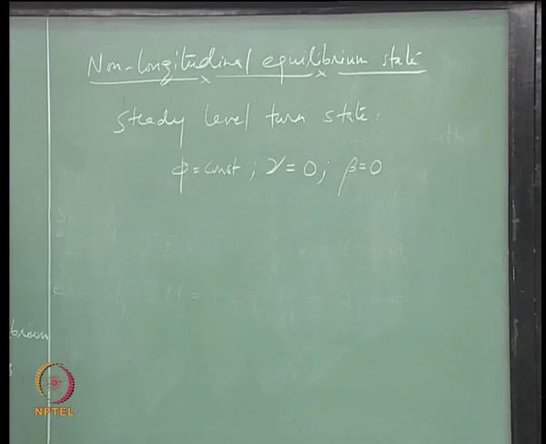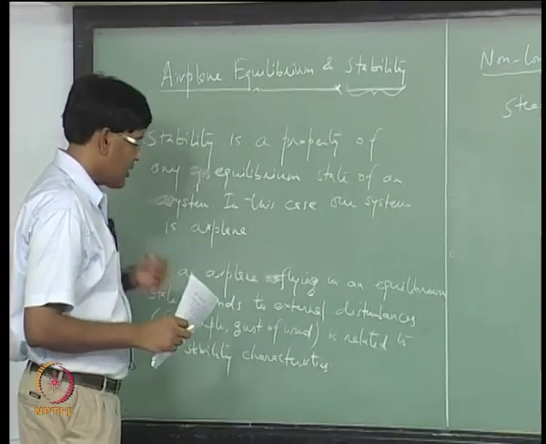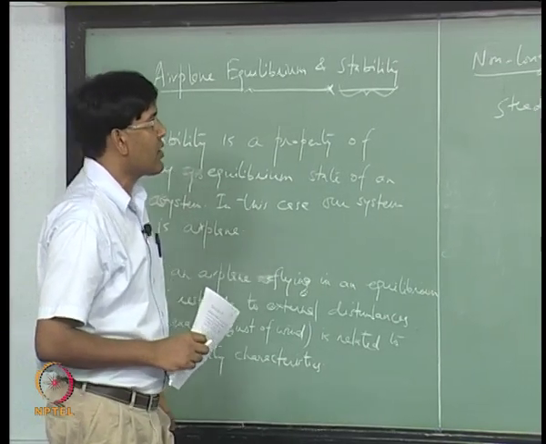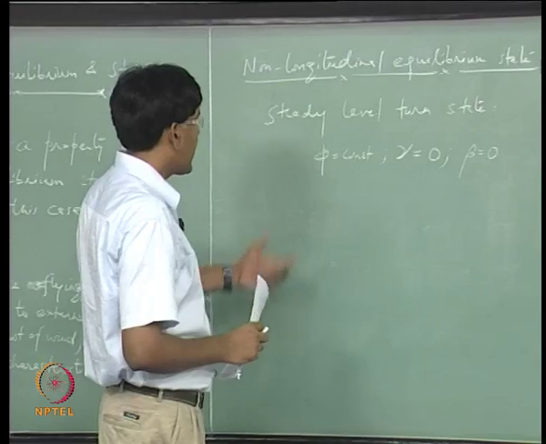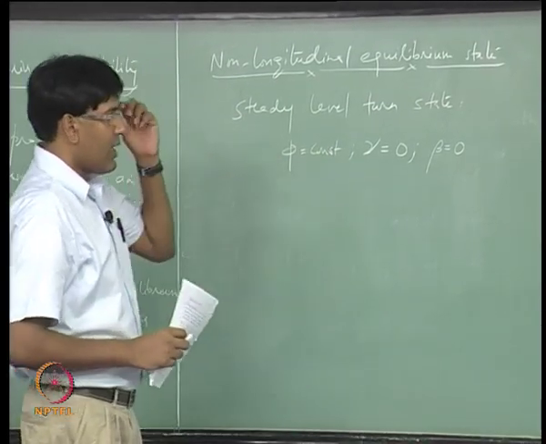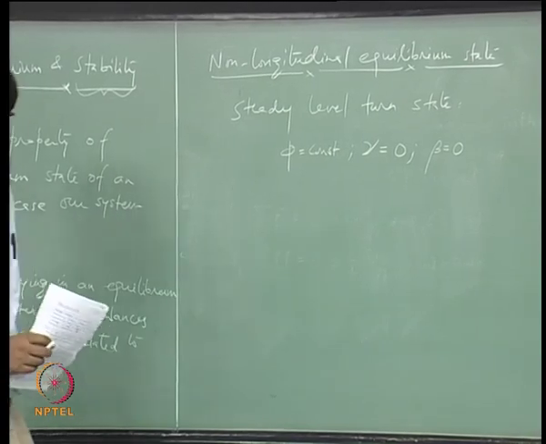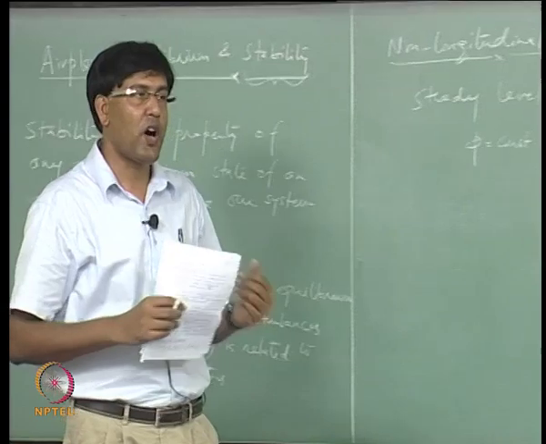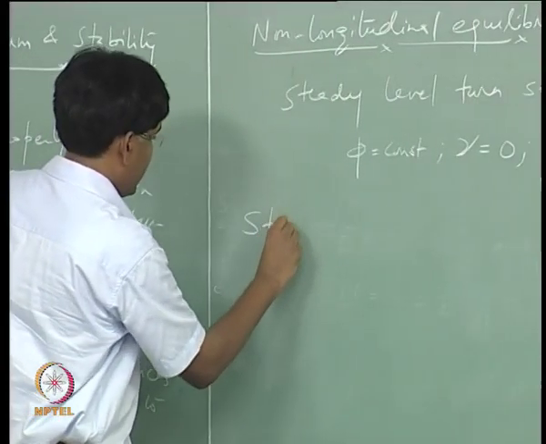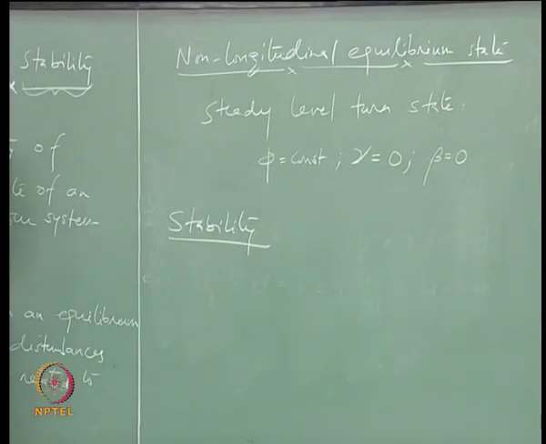Okay. So, what we want to understand now through this is, we want to look at when the aircraft is flying in one of these equilibrium states, and a small disturbance hits the aircraft, how it is going to respond to that disturbance, and that is the subject of stability.